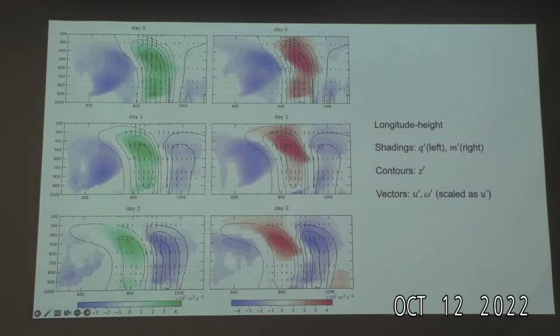So there might be a little bit of difference between the moisture and the MSE, but we won't go into that detail. But generally, we can say that the moisture is kind of dominating MSE in some processes.